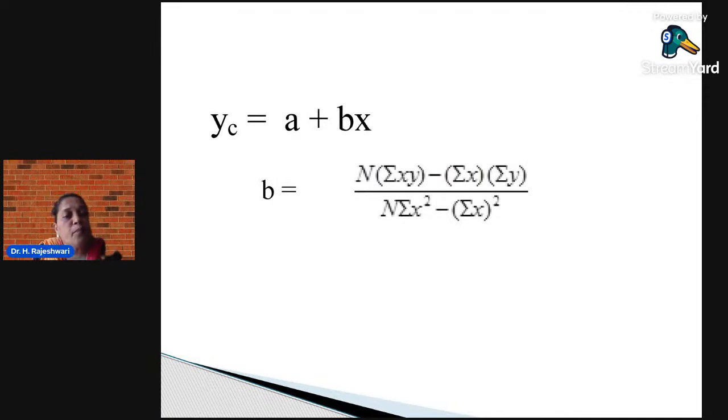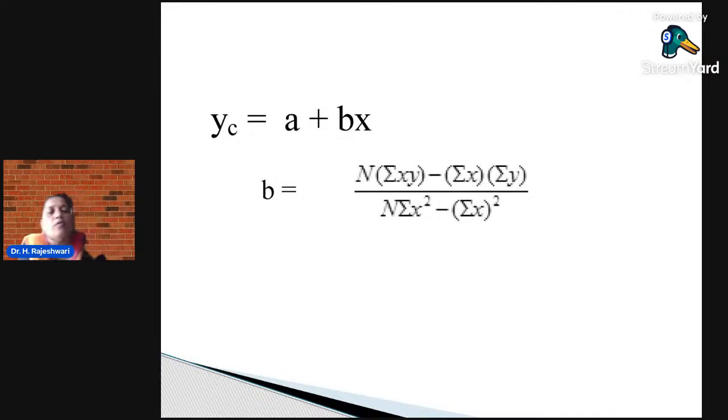What is the value of b? b equal to, see the formula clearly, and you have to remember this formula: n into sigma xy minus sigma x sigma y, divided by n sigma x square minus sigma x whole square. These two formulas you have to remember and adopt.